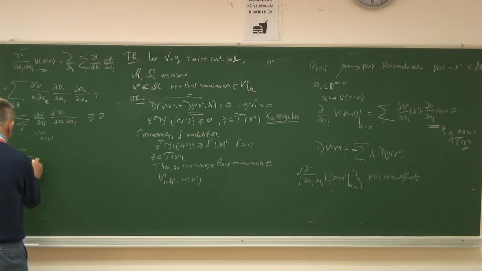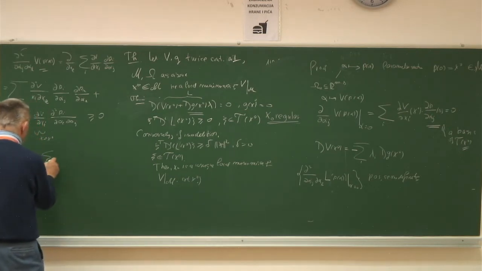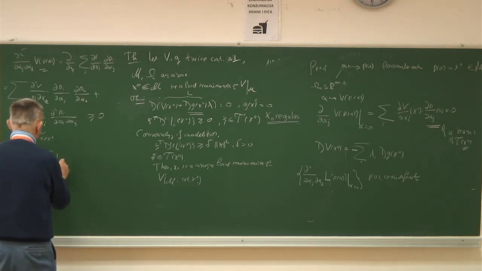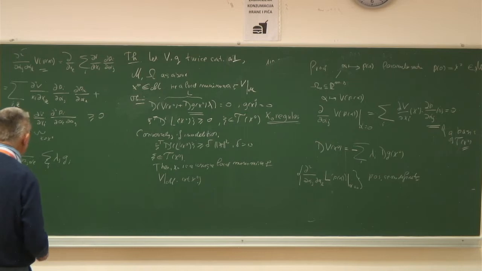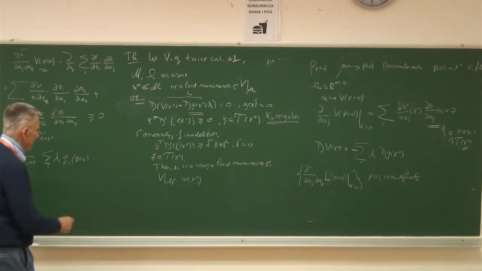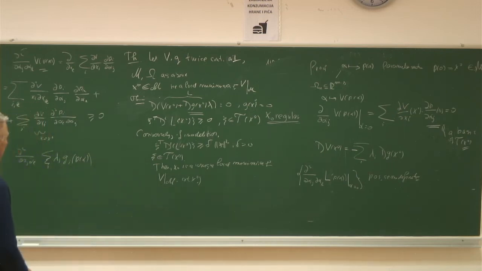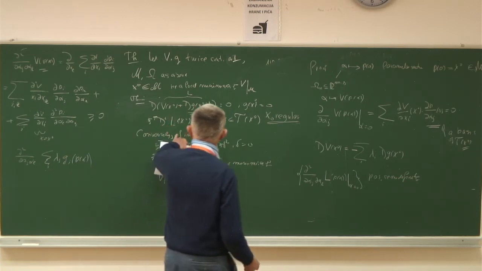Alpha j, alpha l of what? Of some lambda i, gi. Again, yes, now it's correct. L is here, L is here.